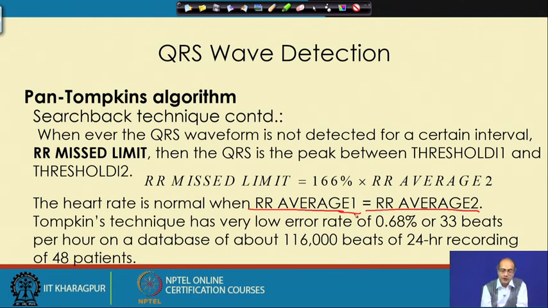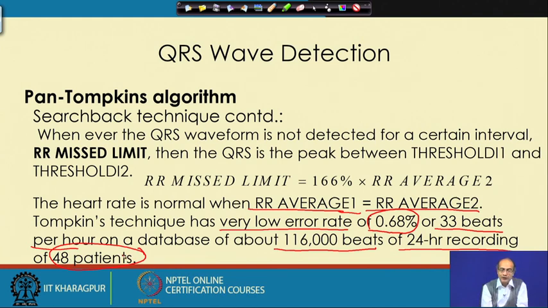And using this algorithm, which is a real time algorithm, the Pan-Tompkins they found that they could achieve a very low error rate, that is 0.68%. Okay. And that means only 33 beats per hour for a huge database of 116,000 beats of 24 hours recording of 48 patients.